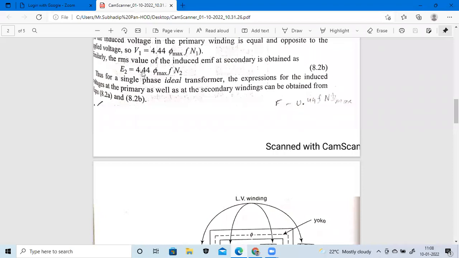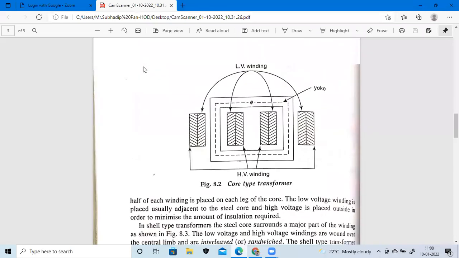If you find the ratio of EMF induced of the primary and secondary, you get E1 by E2 equal to N1 by N2, that is the number of turns of the primary coil to the number of turns of the secondary coil.